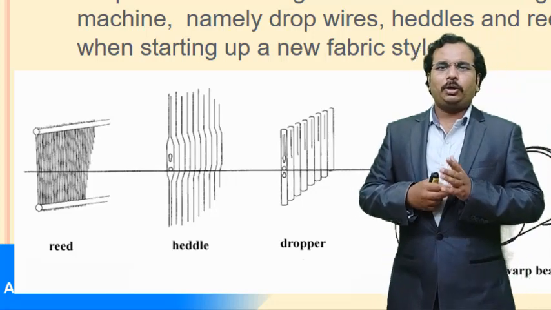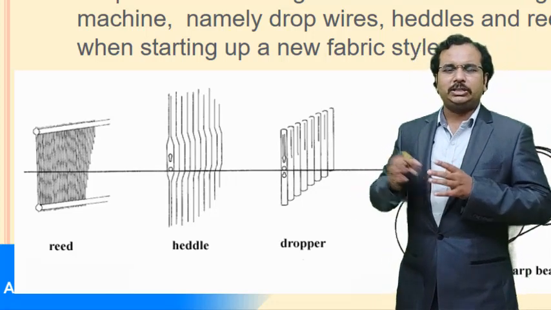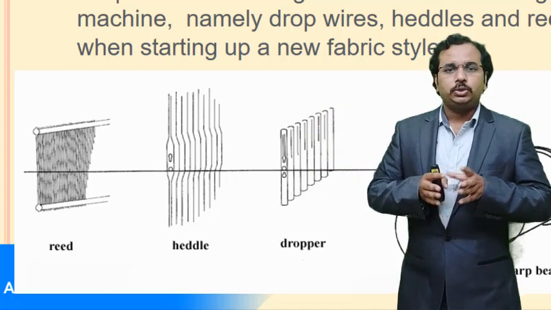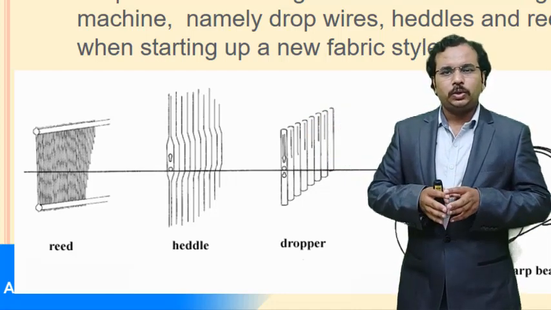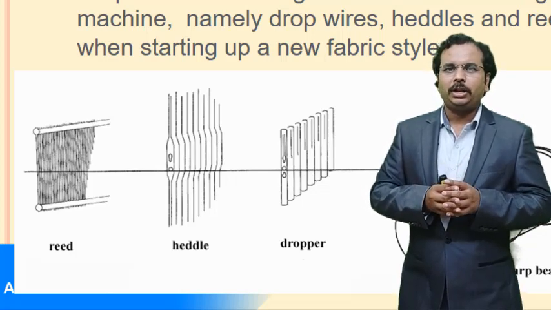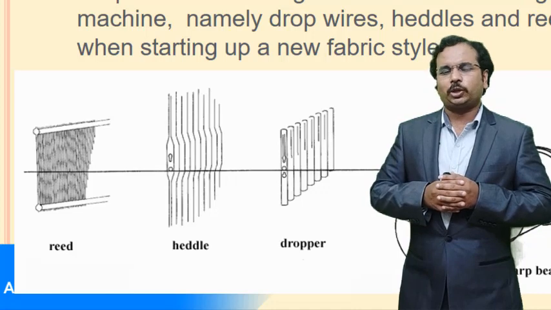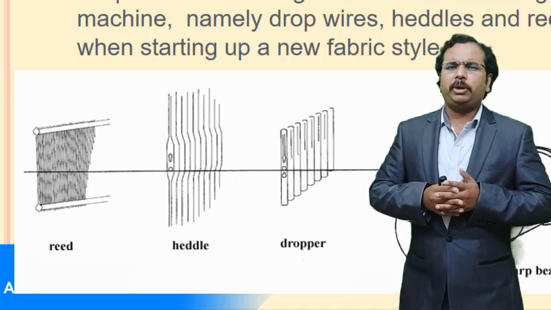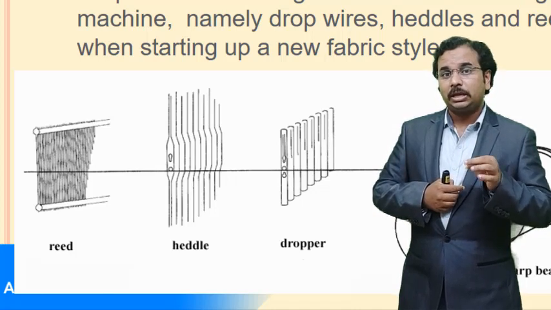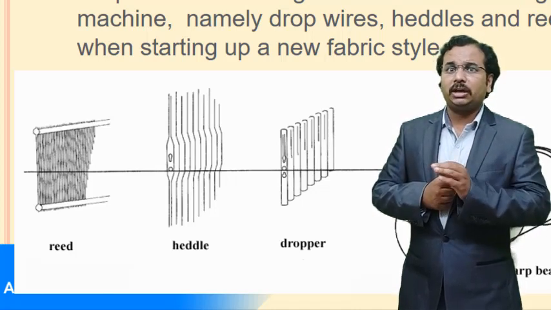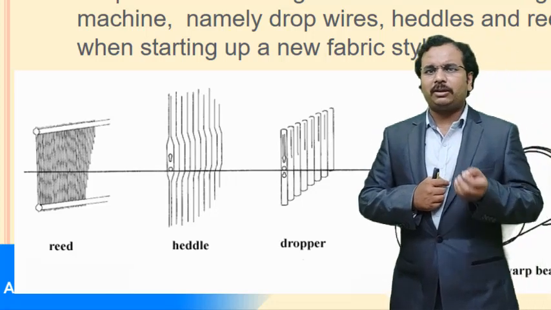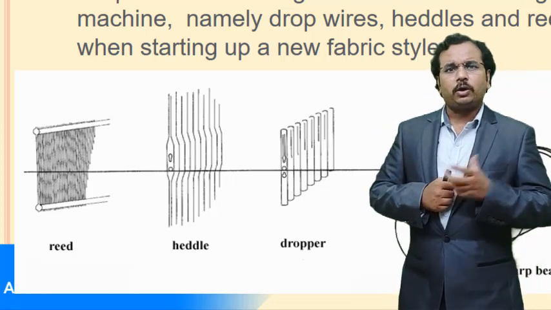What is the function of the drop wire? Drop wires are used in the warp stop motion. For example, if the beam consists of 10,000 ends and in between one end breaks during the weaving process, how do we identify that one warp end has broken out of 10,000?